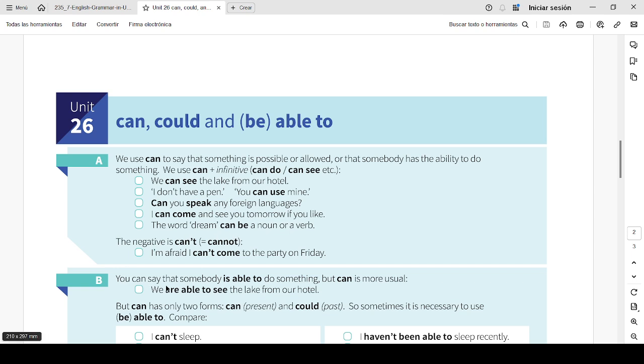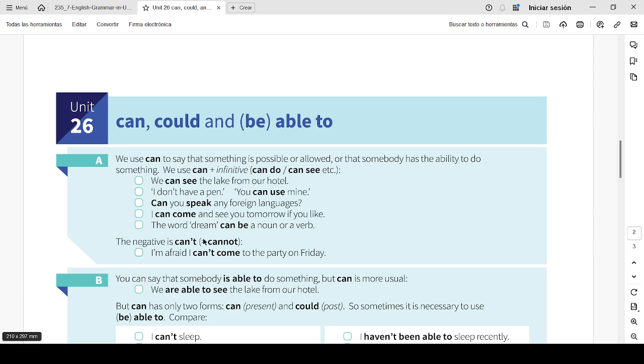For example, I'm afraid I can't come to the party on Friday. So let's remember, we use can to say that something is possible or allowed, or that somebody has the ability to do something.